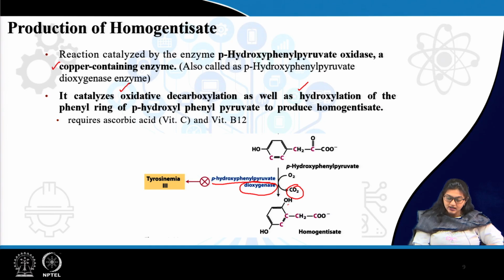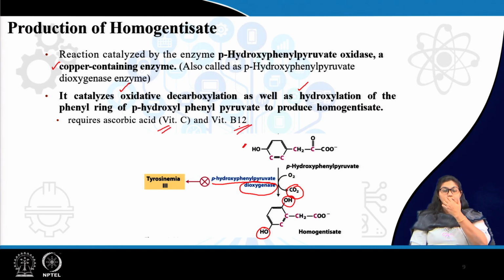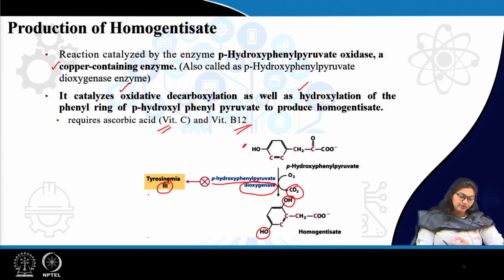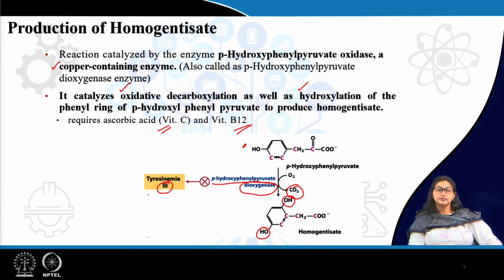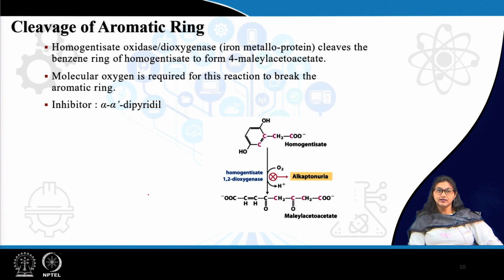Previously there was one hydroxyl group, now two hydroxyl groups are present, and in this step vitamin C as well as B12 act as cofactors. When this dioxygenase enzyme is absent or defective, it causes another type of tyrosinemia, type 3.